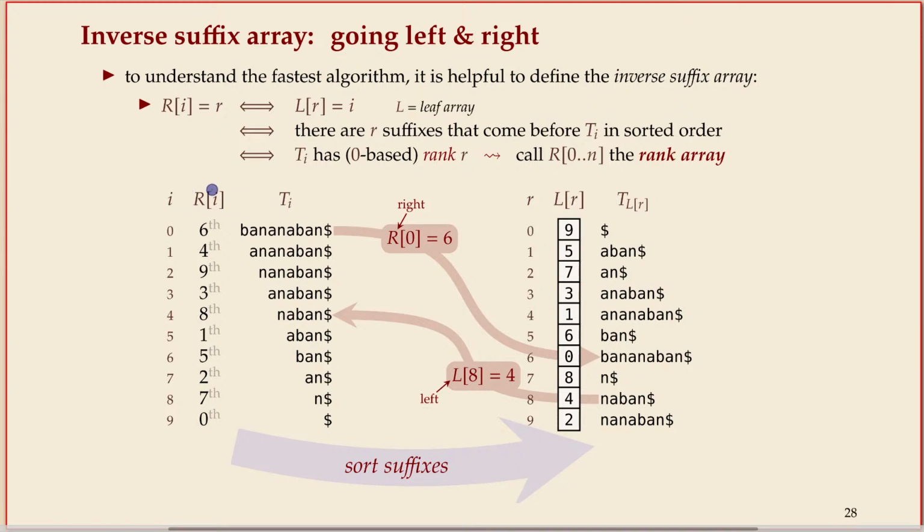Now, there's the R array showing here, which is for each suffix, it tells you its rank in the sorted order. On the right-hand side are the same suffixes, but this time sorted alphabetically. That's what suffix sorting produces.